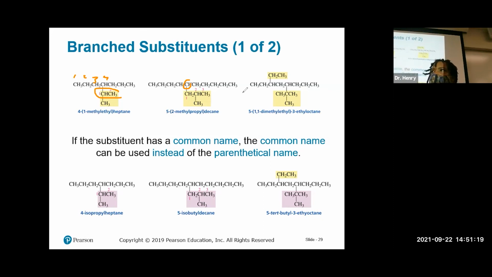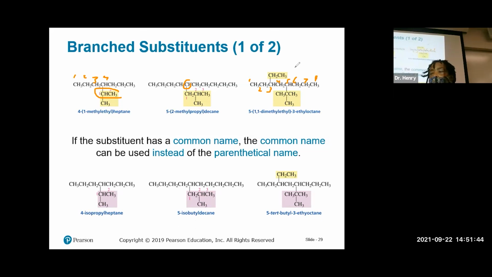Okay, so here we have 1, 2, 3, 4, 5, 6, 7, 8. So 2, 3, 4, 5, 6, 7, 8. So off the 3rd carbon, or if I go the other way, 1, 2, 3, 4.